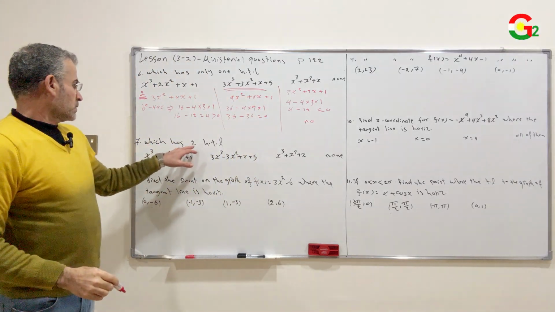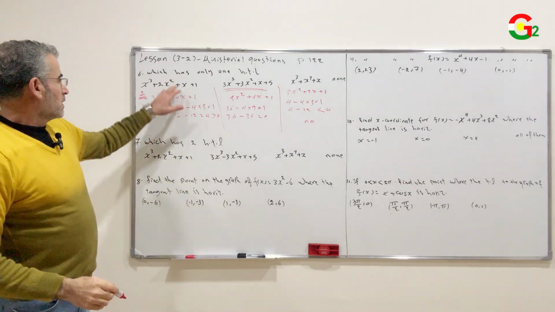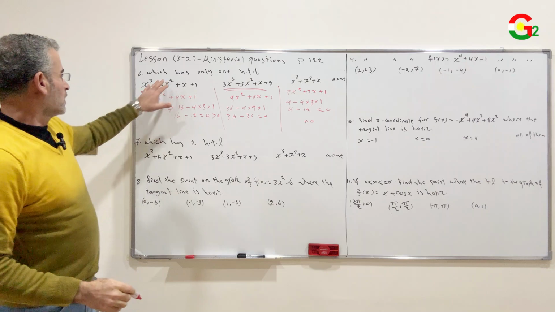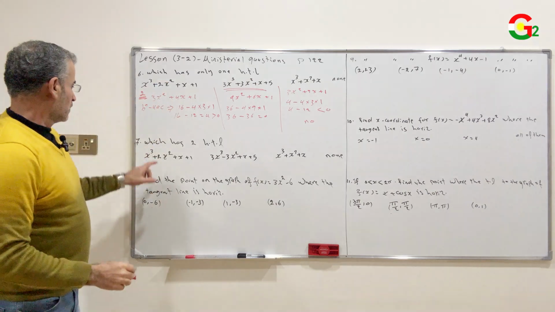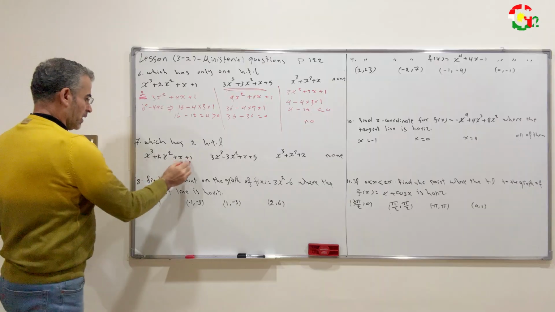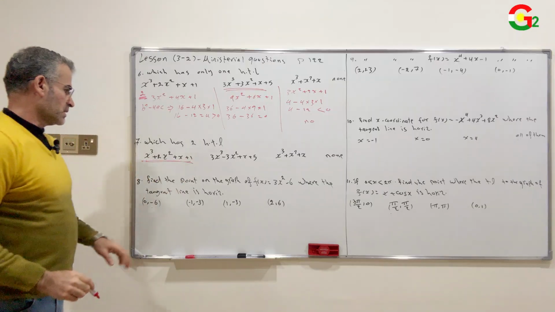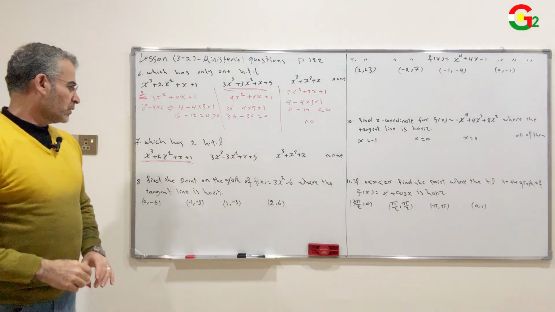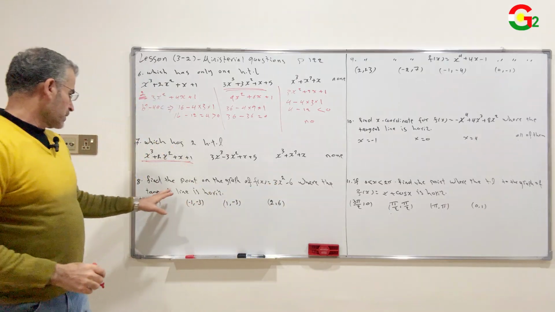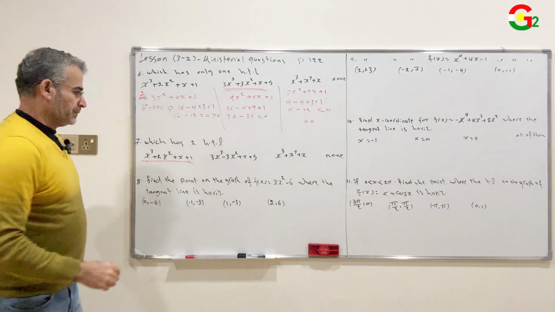Which has two horizontal tangent lines? The functions here are the same as in the previous question, so the first function has two horizontal tangent lines. The right choice is A. Find the point on the graph of f of x where the tangent line is horizontal.